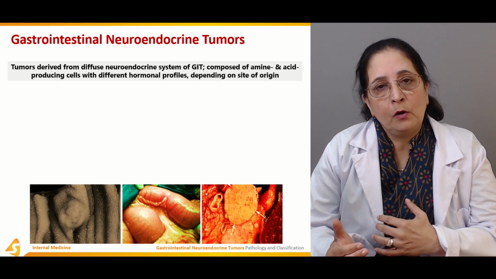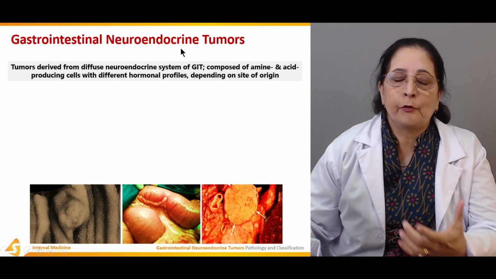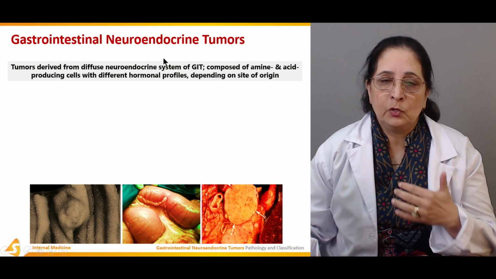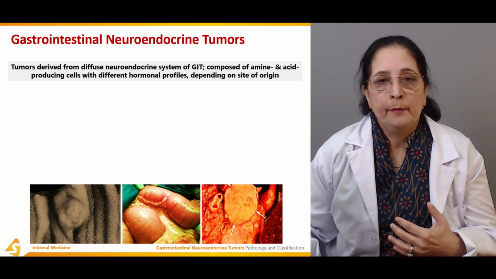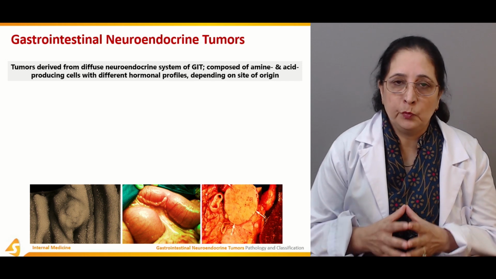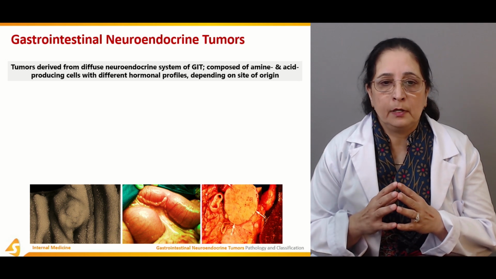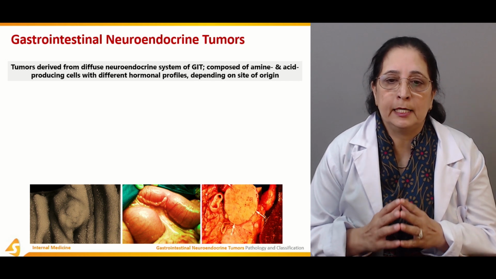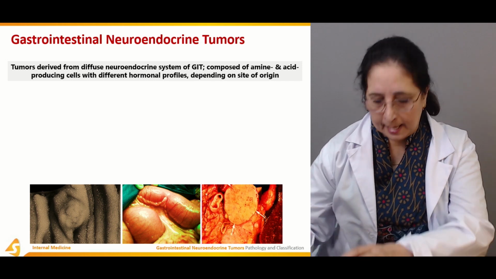They have different hormonal profiles because endocrine refers to the system of hormones and glands, and the hormones depend on the site of origin of the tumor, from where it develops.